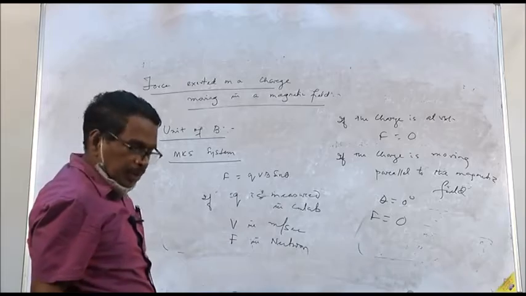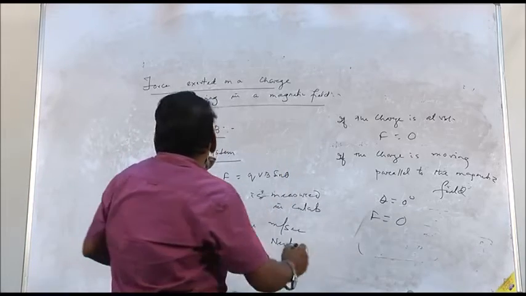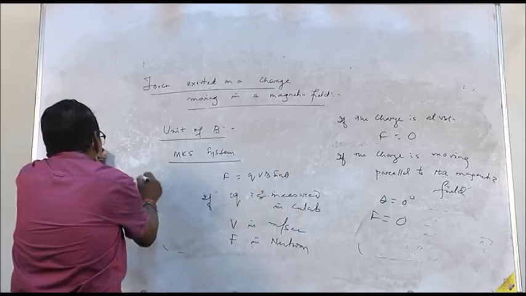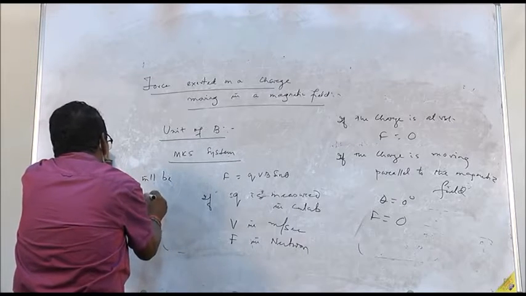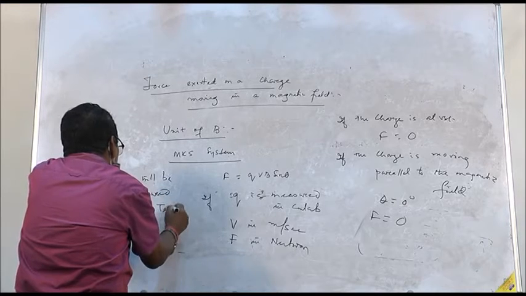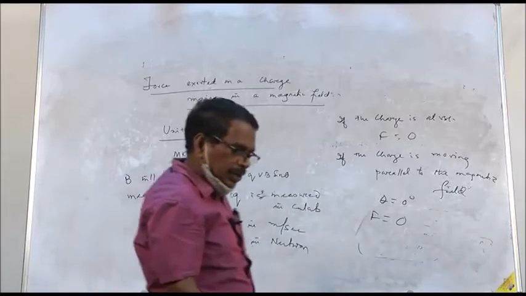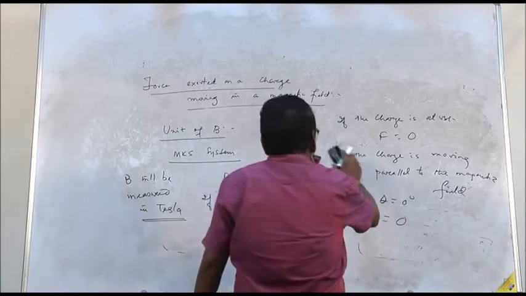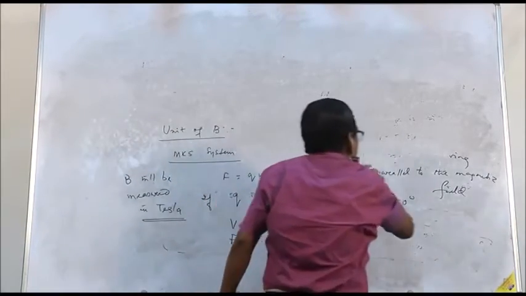Then B will be measured in what? B will be measured in Tesla. So, in the MKS system, the unit of magnetic flux density is Tesla.